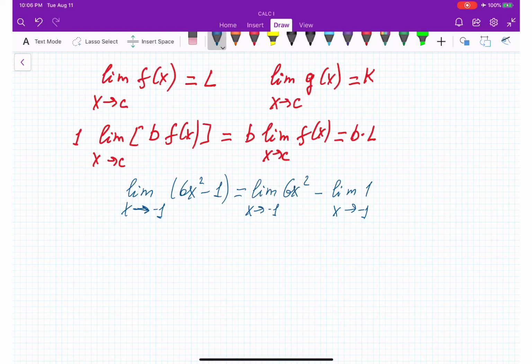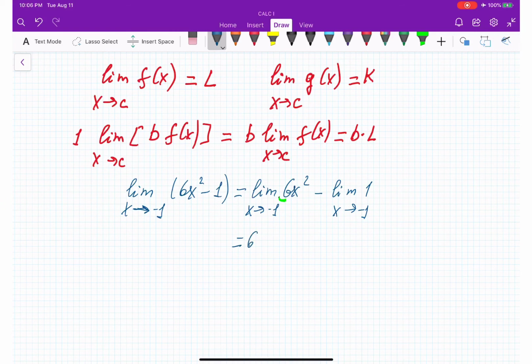So what do we get here? I'm taking 6 out because this 6 is a constant and it's not being affected by the limit.